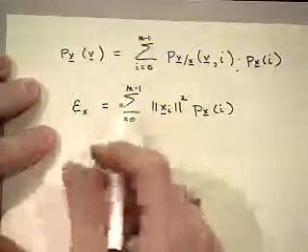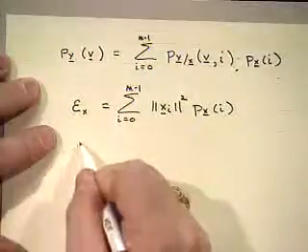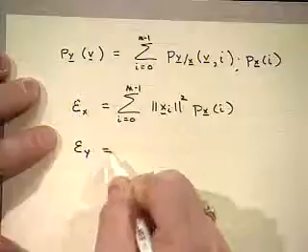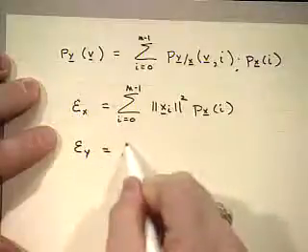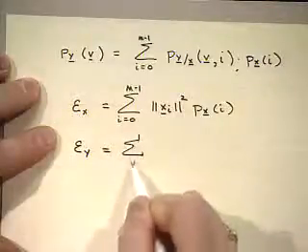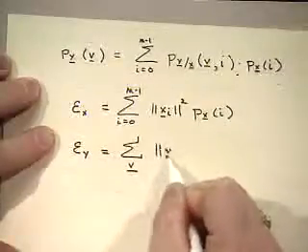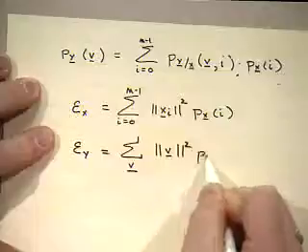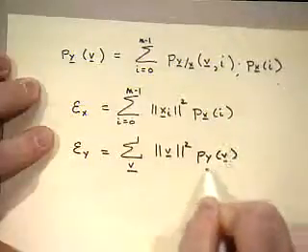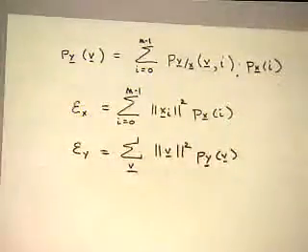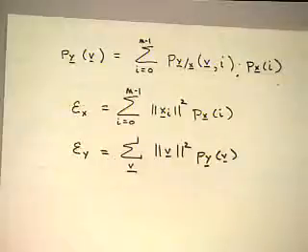Just take the probability of each of the messages, find the norm of the vector squared, and this is the average energy. Ey, the energy at the output of the channel, is going to be the sum, and here I'm going to write over V, of V squared times Py of V. So if I computed my output probability distribution, I can compute the energy at the output of the channel.